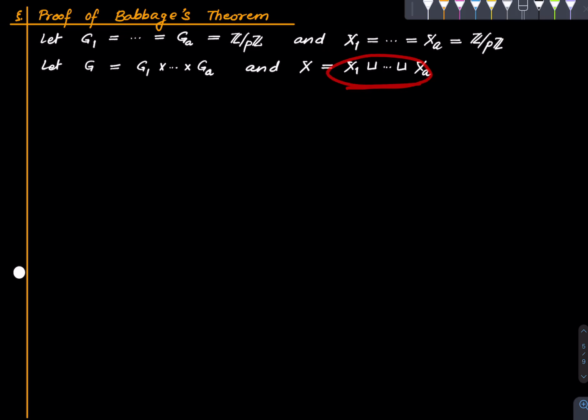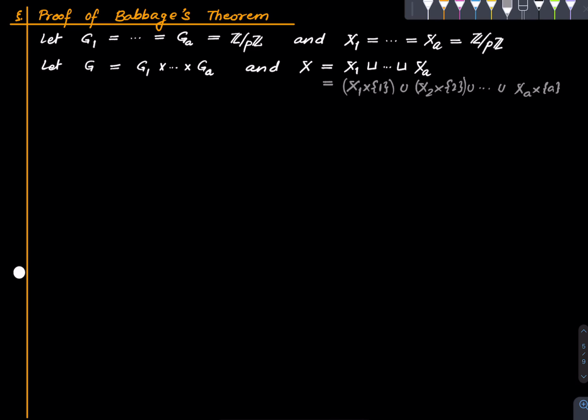Here, when I write it this way, all I mean is to forcefully think of them as separate. One formal way to achieve that, and this is just one of the ways, is to instead write this as X1 cross 1, usual union, X2 cross 2, usual union, ..., Xa cross a. So that's the formal way to think about it.